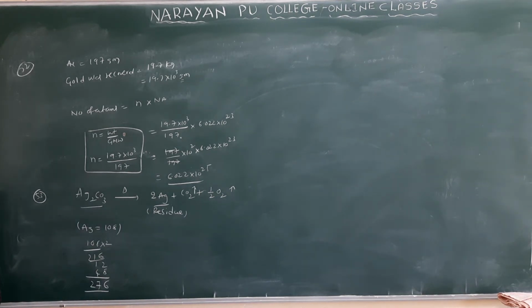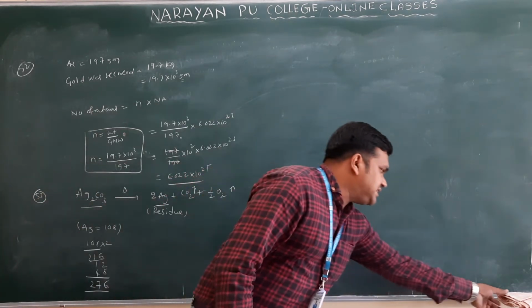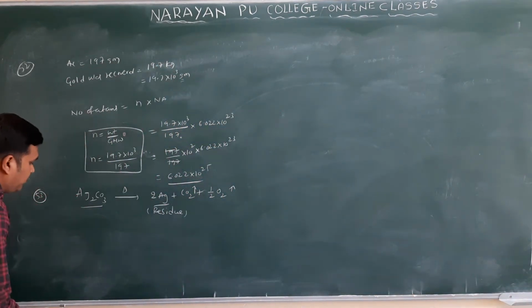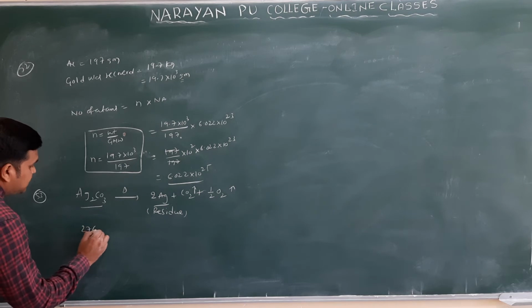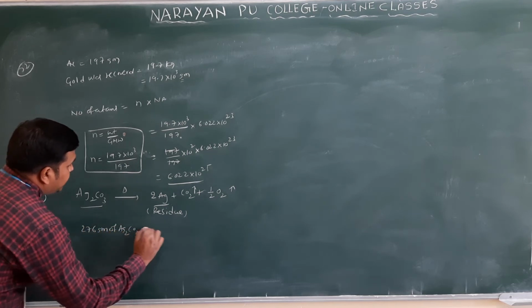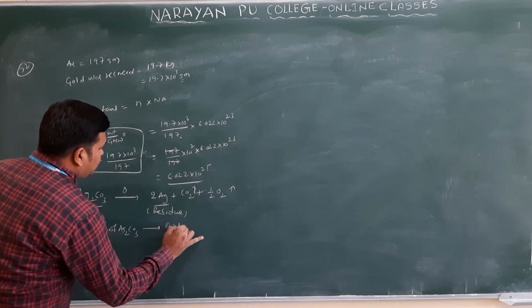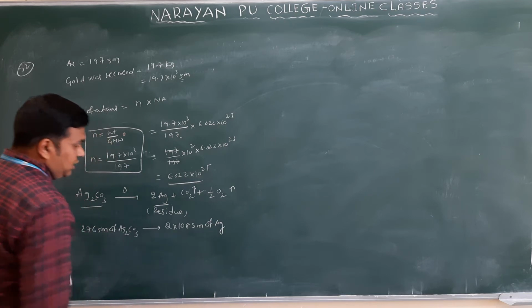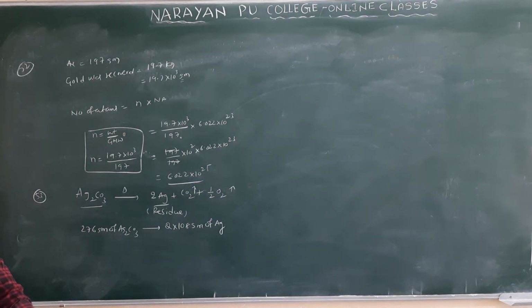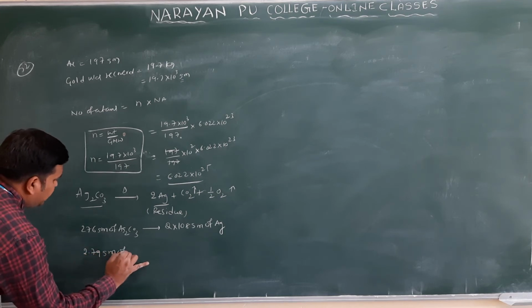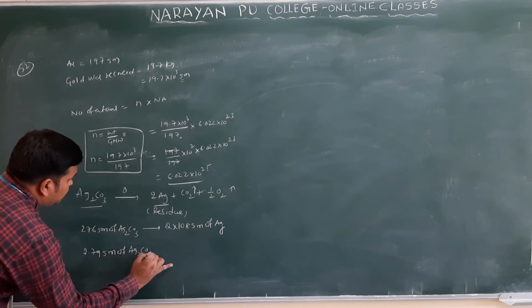So 276 grams of Ag2CO3 gives 2 into 108 grams of silver only. In the problem, they are taking 2.79 grams of Ag2CO3.